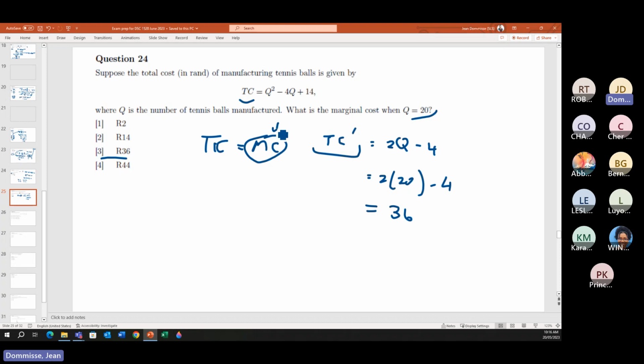They just wanted to know if you know the basics to get from total cost to marginal cost. If you follow the pattern through this whole exam that was in 2020, it's testing your basic understanding of a subject.